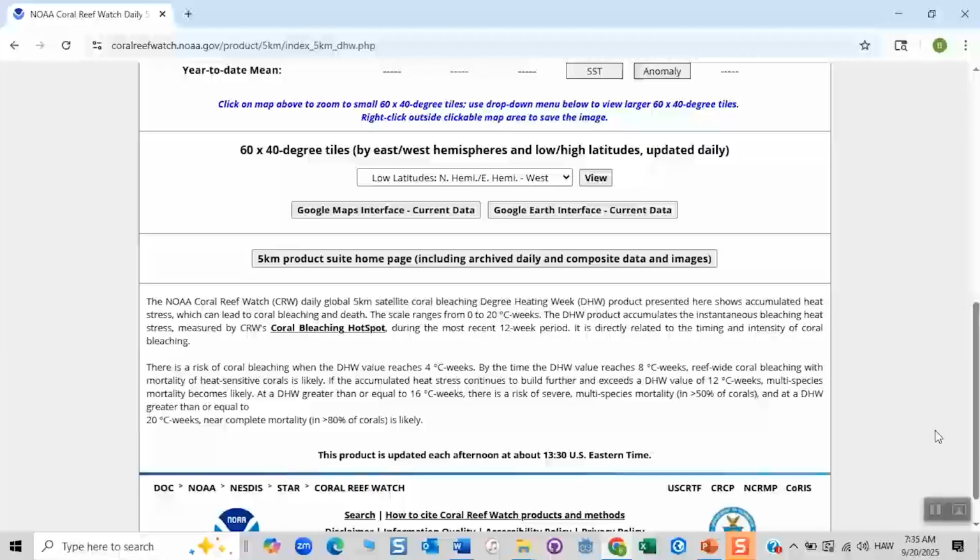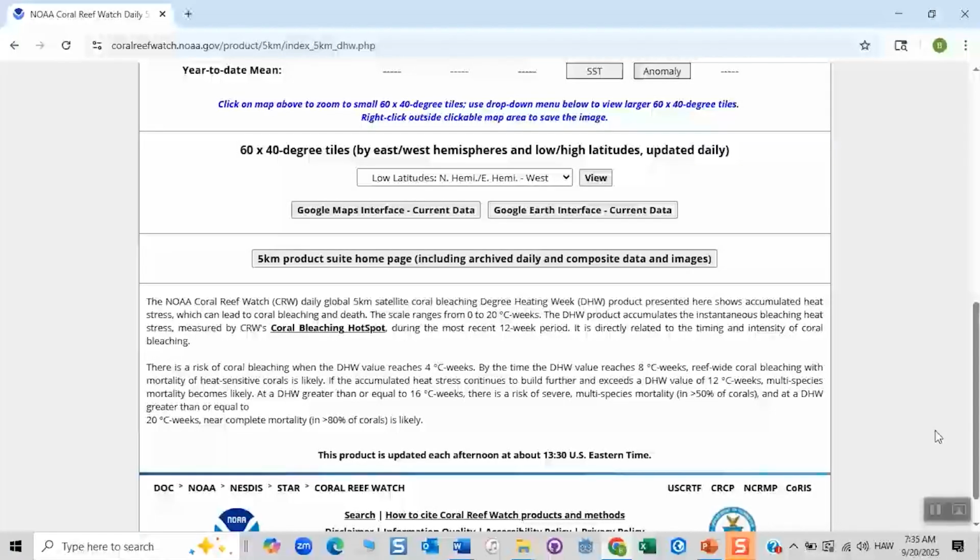By the time the degree heating weeks value reaches 8 degrees Celsius weeks, reef-wide coral bleaching with mortality of heat-sensitive corals is likely. If the accumulated heat stress continues to build further and exceeds 12 degrees Celsius weeks, multiple species mortality becomes likely.